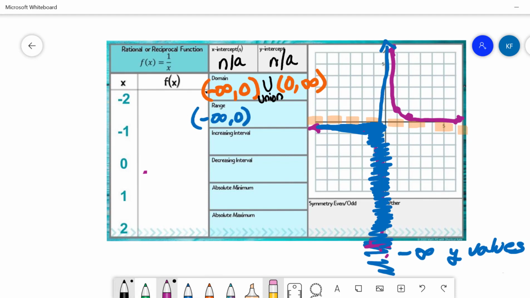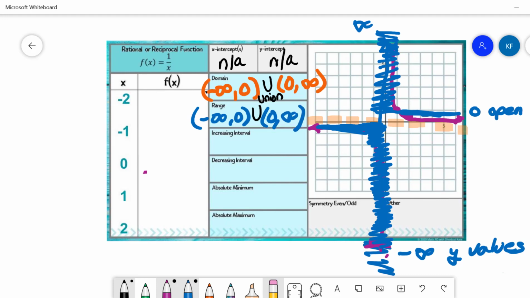I'm going to hook the one part underneath the x-axis with the part that's above the x-axis. So you can see again, it works the same way. Here's your arrow. We're going to infinity, as close to 0 without getting to 0. And so again, do not include 0 because of the asymptote, and you're going to infinity.